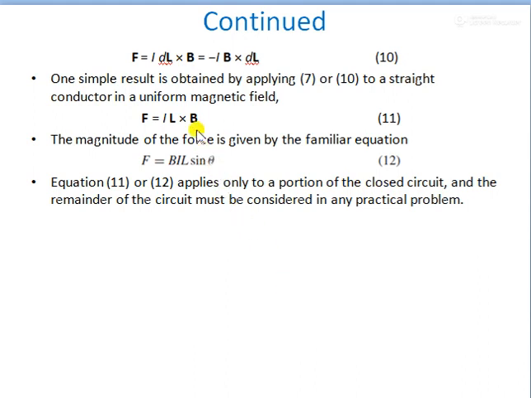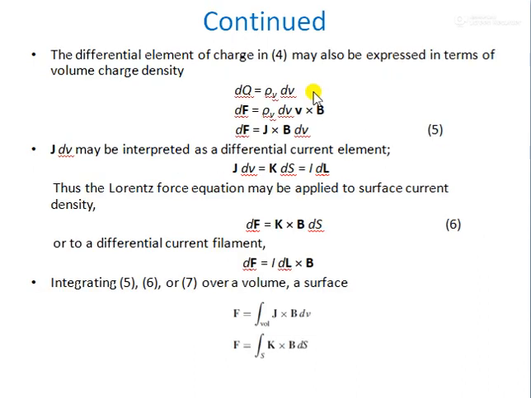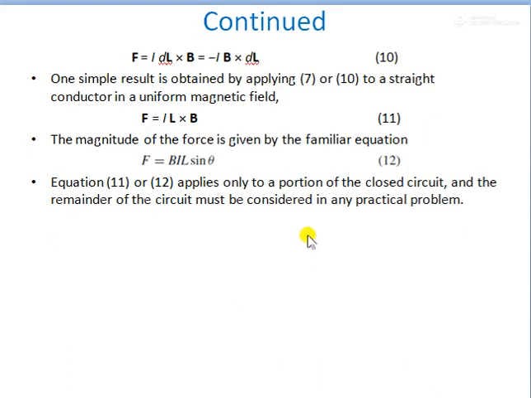Now F is I dL cross B, that is nothing but minus I B cross dL. One simple result is obtained by applying equations 7 and 10 to a straight conductor in a uniform magnetic field, that is F is equal to I L cross B. So the magnitude of the force is given by the familiar equation, that is F is equal to B I L sin theta.